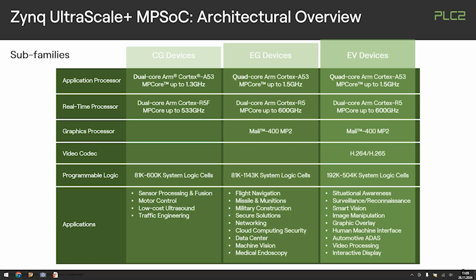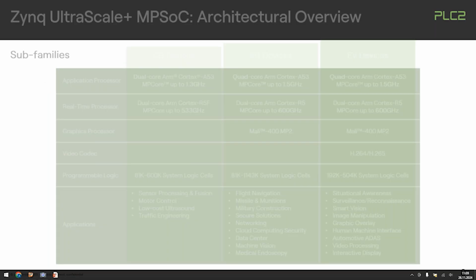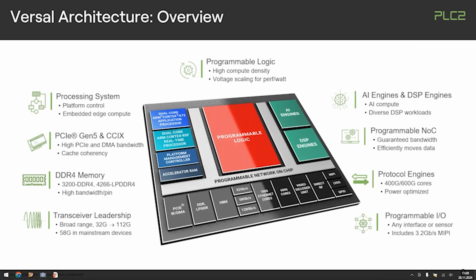When we're talking about the Zynq UltraScale+ MPSoC, that's not the only device that we have in the portfolio of the adaptive SoCs. There's also the Versal family around now that is really a much higher scale version of what we have seen before.